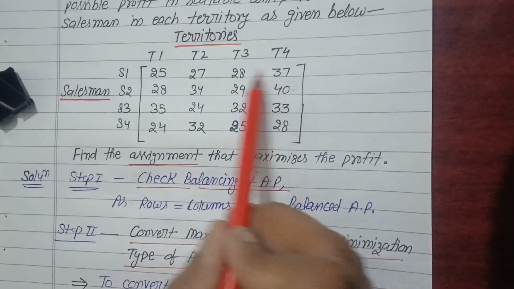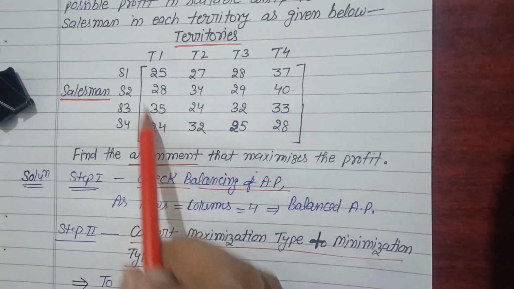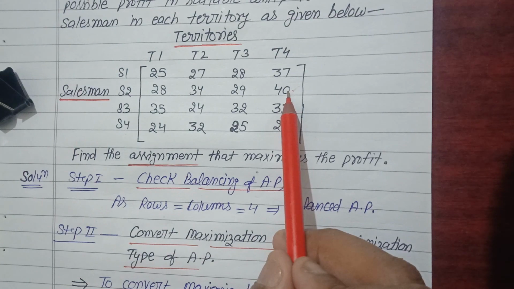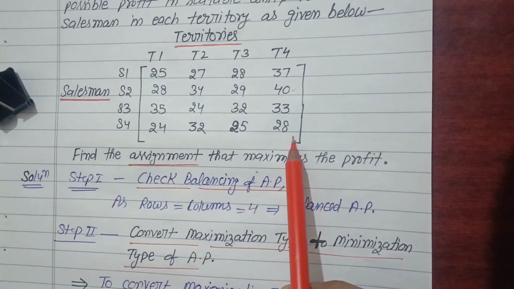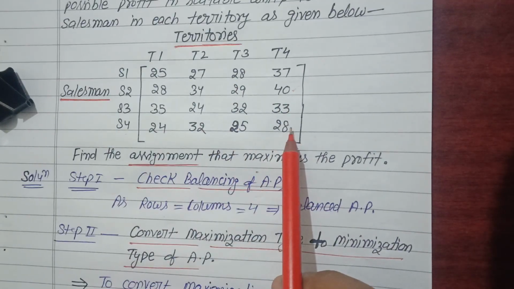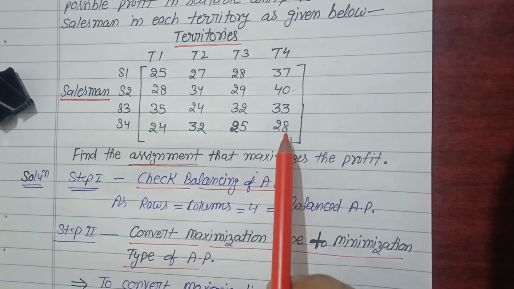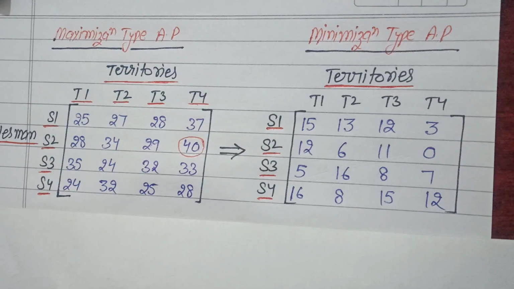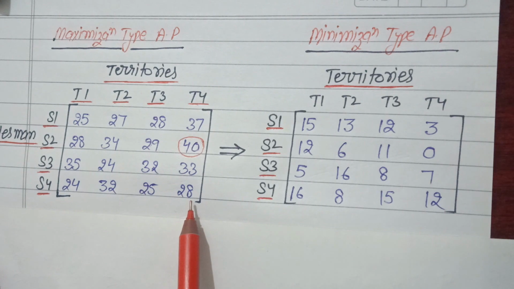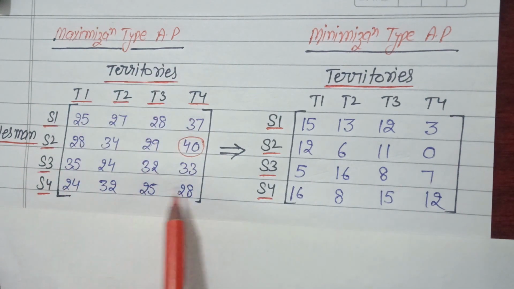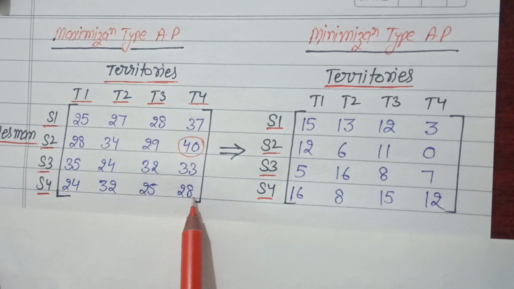Now we have to subtract all the elements of this matrix from this 40, and after subtracting, the new matrix that you will generate will be the minimization type of assignment problem. This is the maximization type of assignment problem given in the initial question.